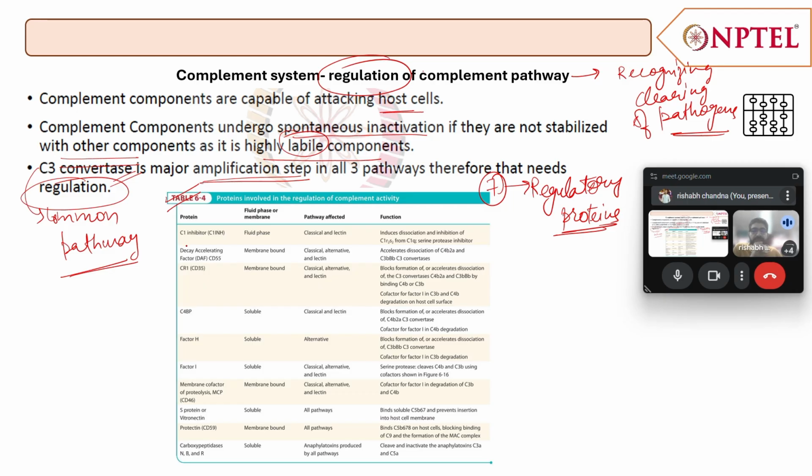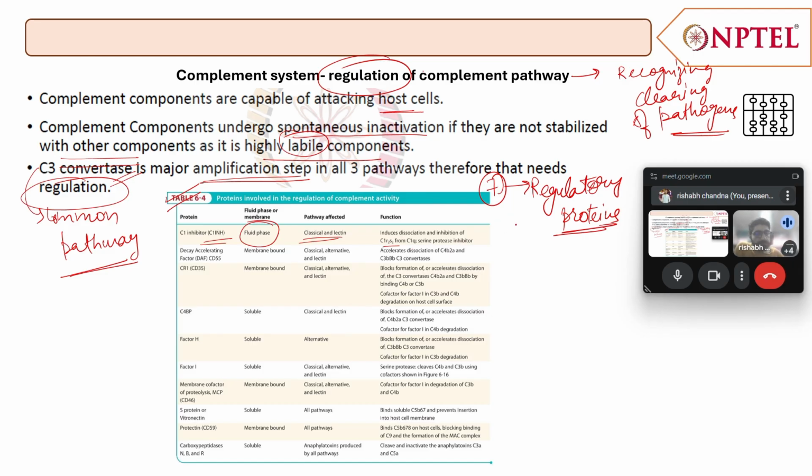Now, the first one is C1 inhibitor that is present in a soluble state in the plasma, and it affects the classical and the lectin pathway. It induces the dissociation and inhibition of R2S2 from C1q, that is, it is a serine protease inhibitor.